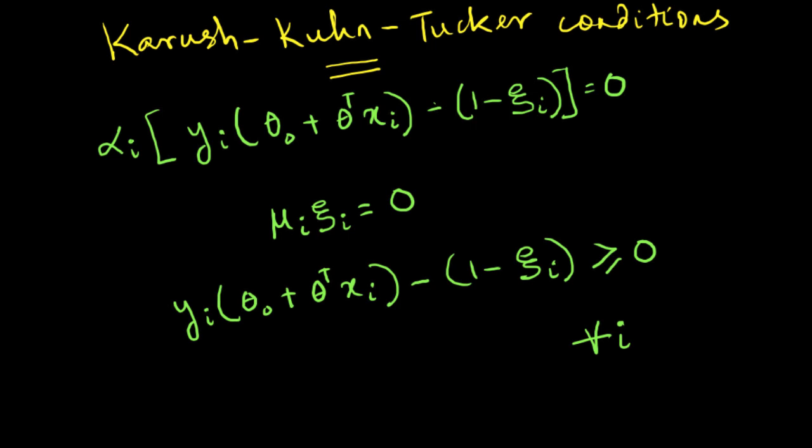So essentially what we do is replace our inner product in the Lagrange dual objective function by the kernel function.